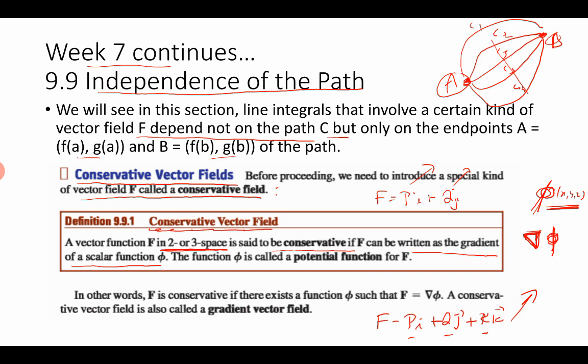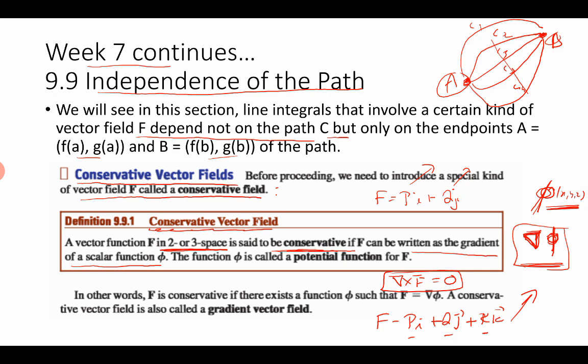So this vector can be said to be a conservative vector field if it is the direction of maximum change of a scalar function. In this direction, it has no rotation, so the curl, del cross F, will be 0.